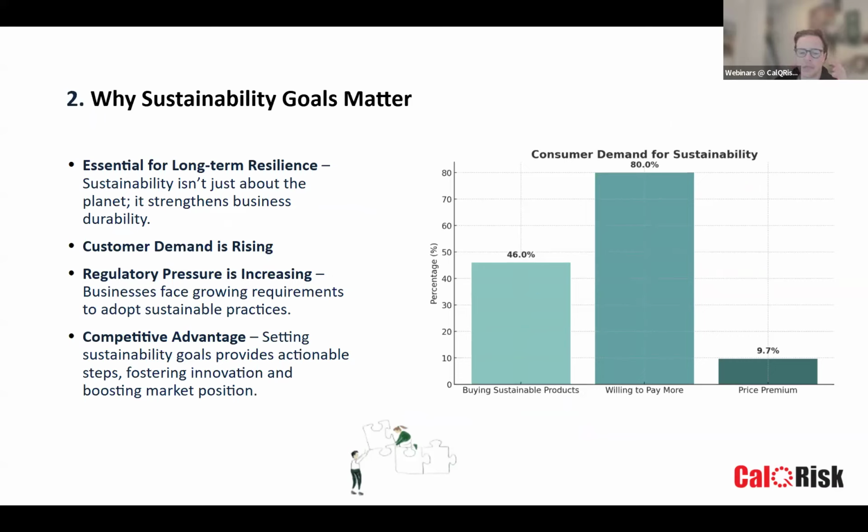Customers are increasingly demanding eco-friendly products and practices, and as we've seen over the last while, there is increasing regulatory pressure. There are surveys and research out there whereby 46% of customers say they're buying more sustainable products as a way to reduce their impact on the environment, with some customers even saying they're willing to pay more for something that's sustainable.